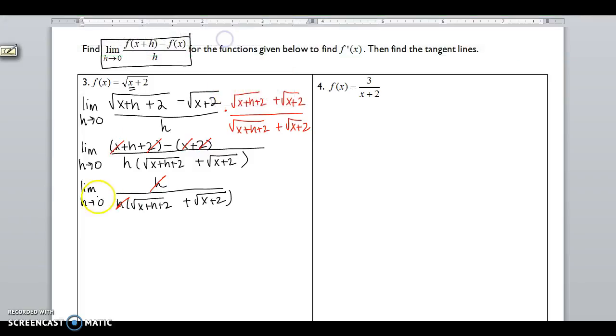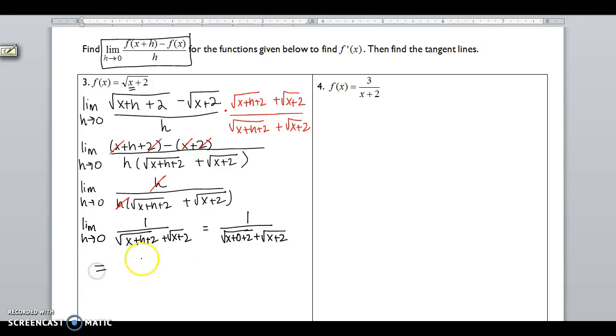So we have the limit as h approaches 0, 1 over square root of x plus h plus 2 plus square root of x plus 2. And then to evaluate that, we just plug in 0 for h. So we have 1 over square root of x plus 0 plus 2, or just x plus 2, plus square root of x plus 2.